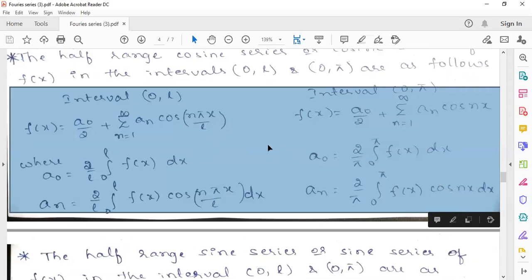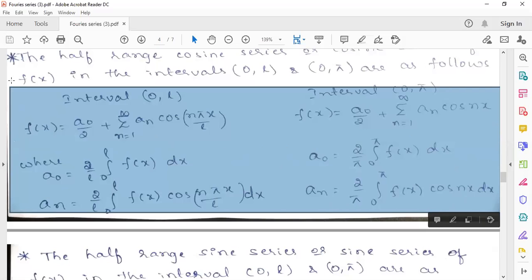Because I don't have a scale and pencil, I have not written a table. Draw one box for the interval 0, L and 0, pi, one horizontal line for f of x, one for a0, and one for an. Then it looks good and will be easy for you while preparing.